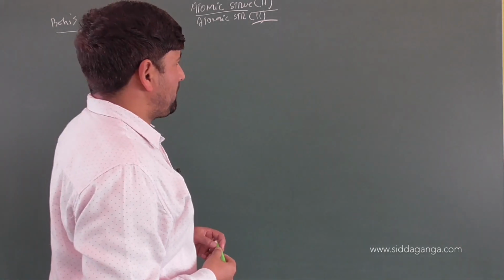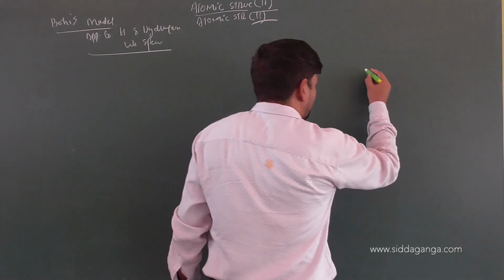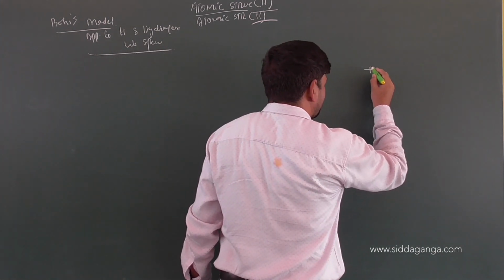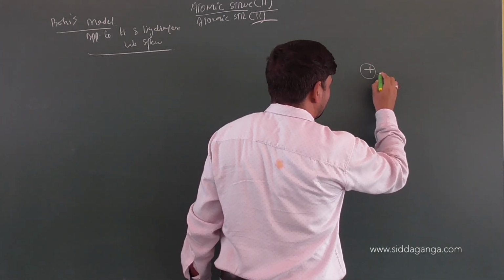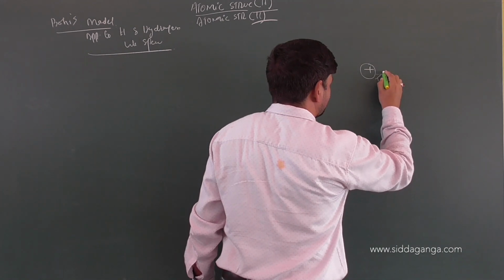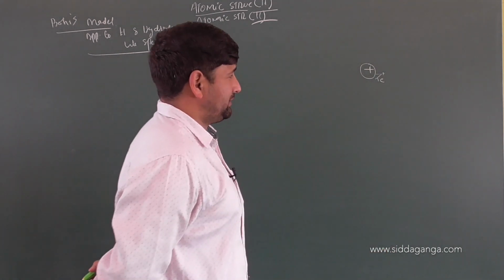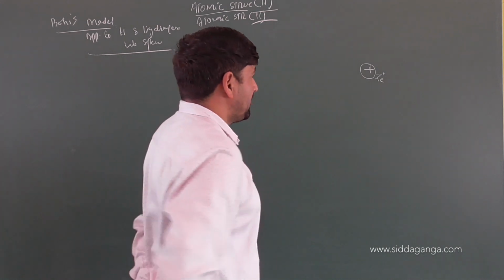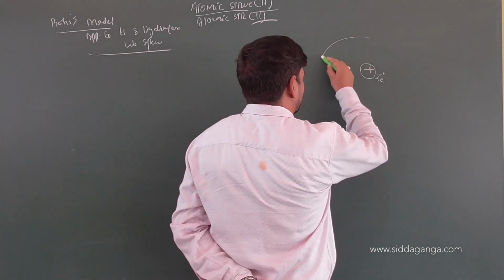First of all, when you look at the nucleus, suppose the charge of the nucleus is Ze, which is Z plus, and electrons are rotating around it.